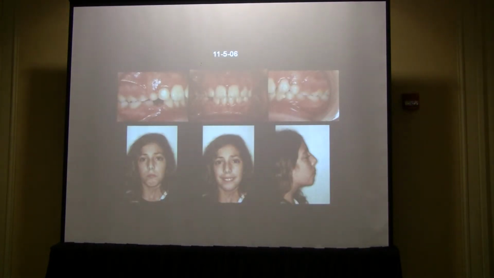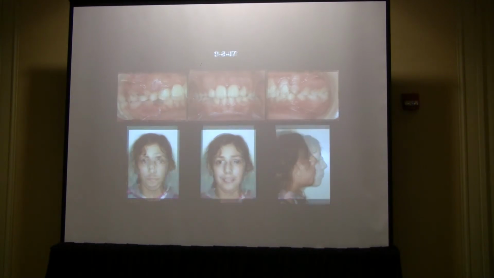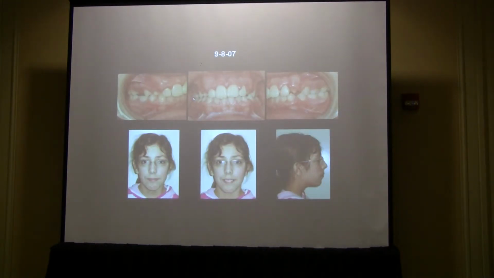And here, the case a year after with the occlusal and facial improvement. 1 year use of this functional appliance. And here, 2 years treatment with the same Clark activator with a remarkable occlusal and facial improvement.